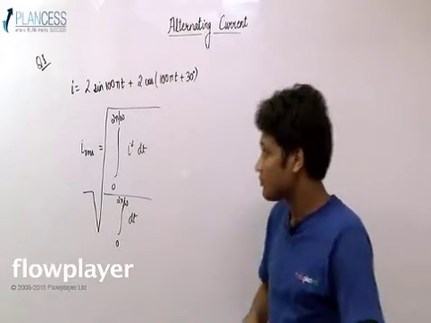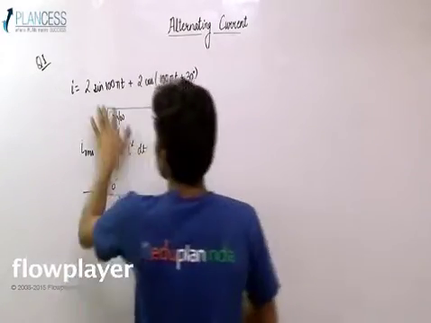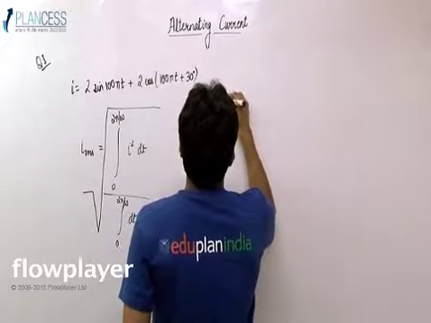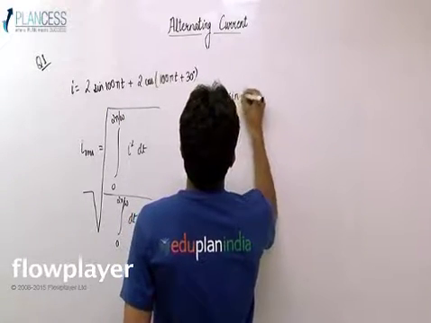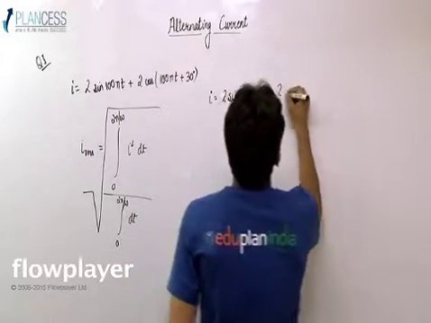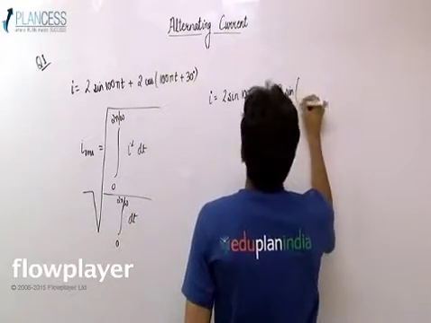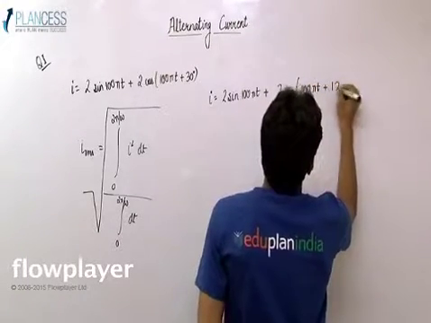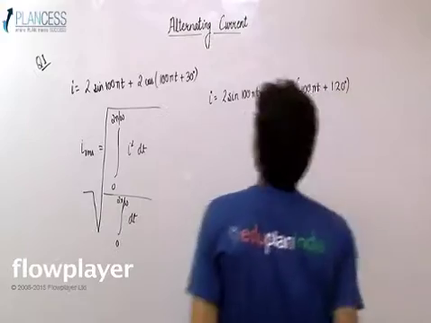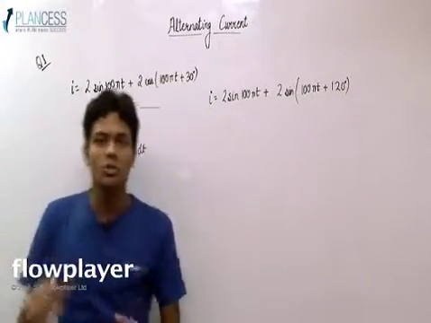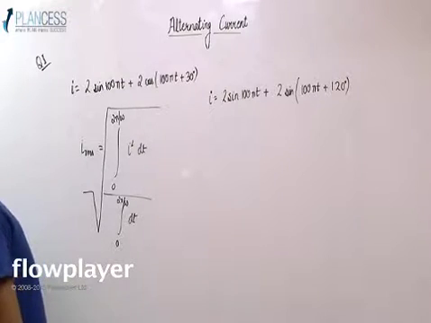What we'll be using is, we can say that I is equal to 2 sine 100 pi t plus 2 sine 100 pi t plus 120 degree. So I can write that 2 cos 100 pi t plus 30 degree can be written as 2 sine 100 pi t plus 120 degree.